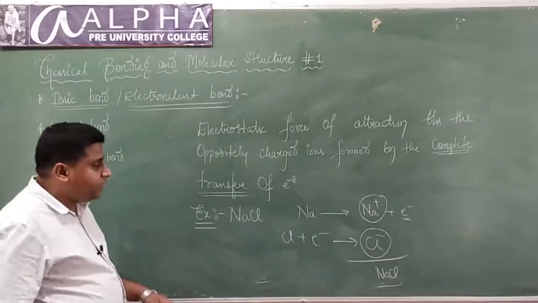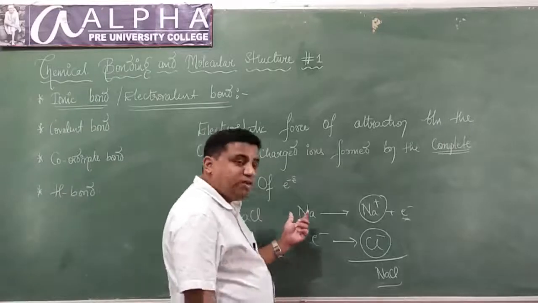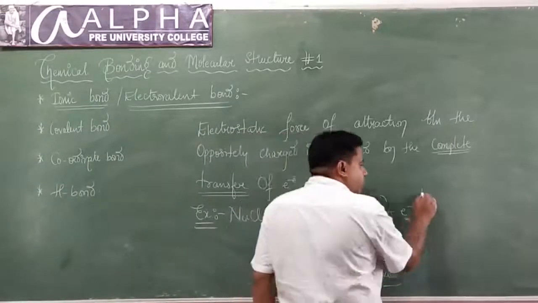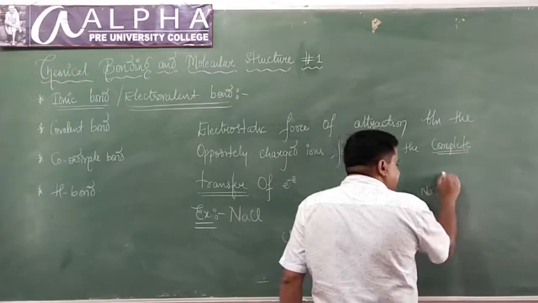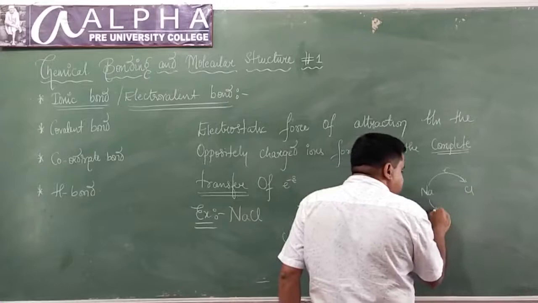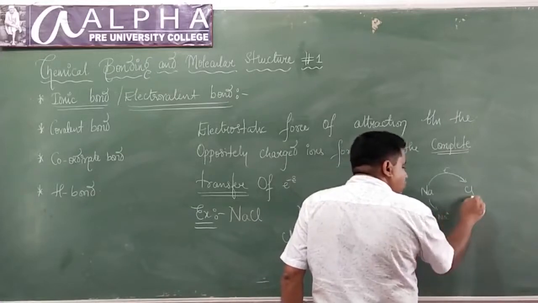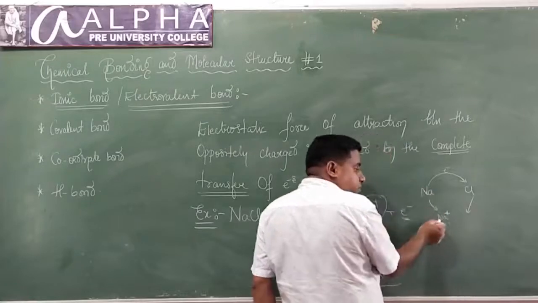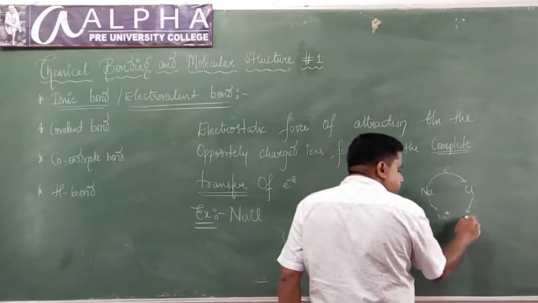So here there is complete transfer of an electron from sodium to chlorine. As a result, sodium forms Na plus and chlorine forms Cl minus.